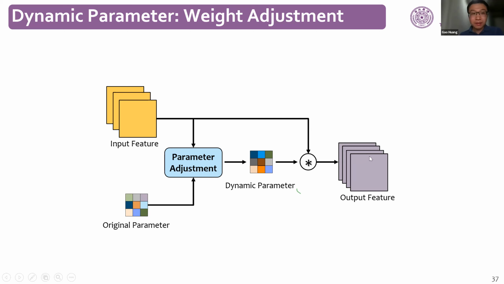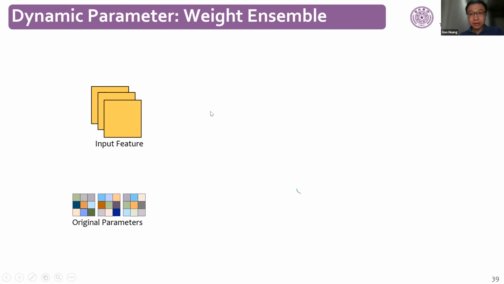Another dynamic parameter network is where we have a dynamic ensemble of parameters.